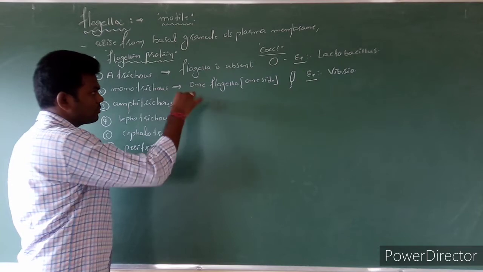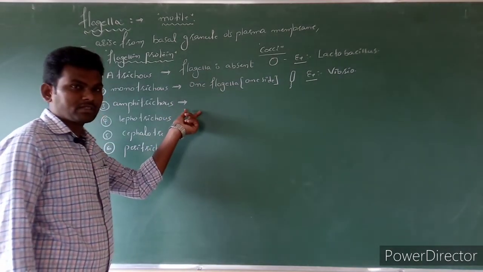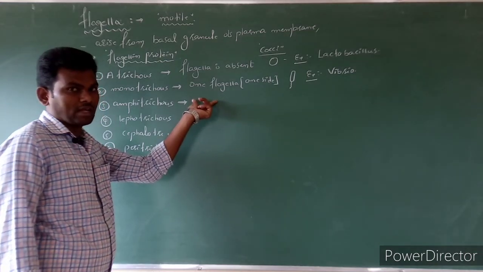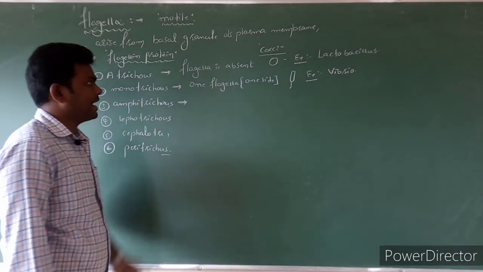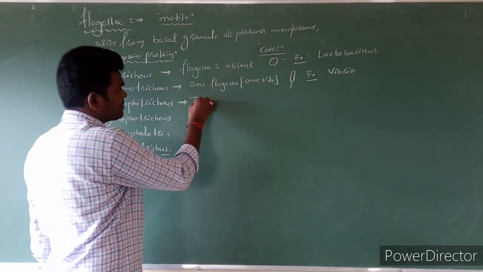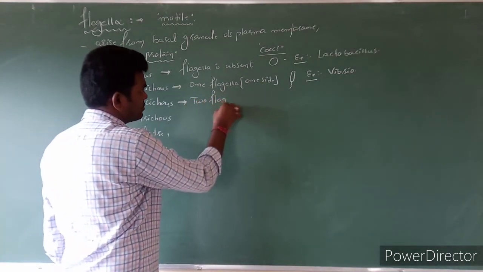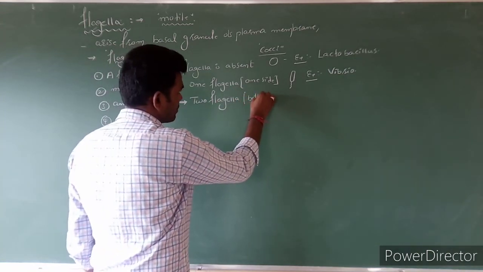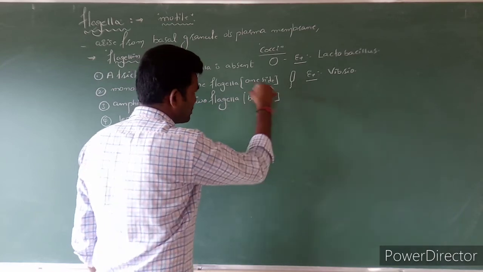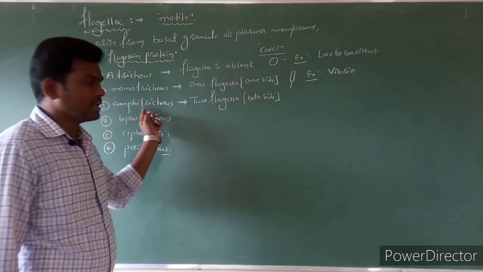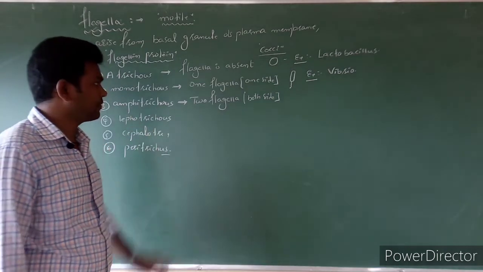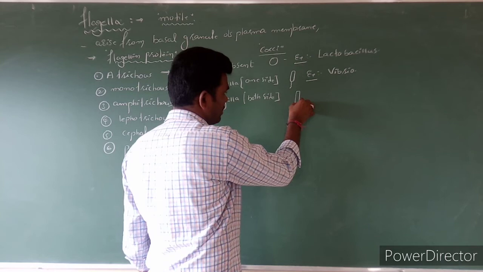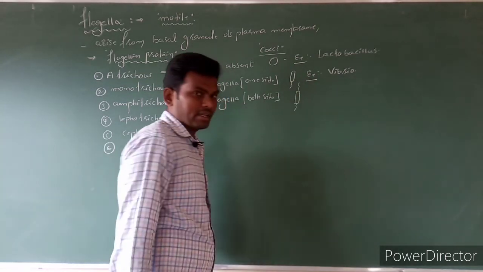Next one, Amphitrichous. Amphi means two. Two flagella are present, one on either side. On both sides, they contain one flagellum. So such is called Amphitrichous. Simply saying, this is a bacteria, and from both sides it contains one flagellum each.